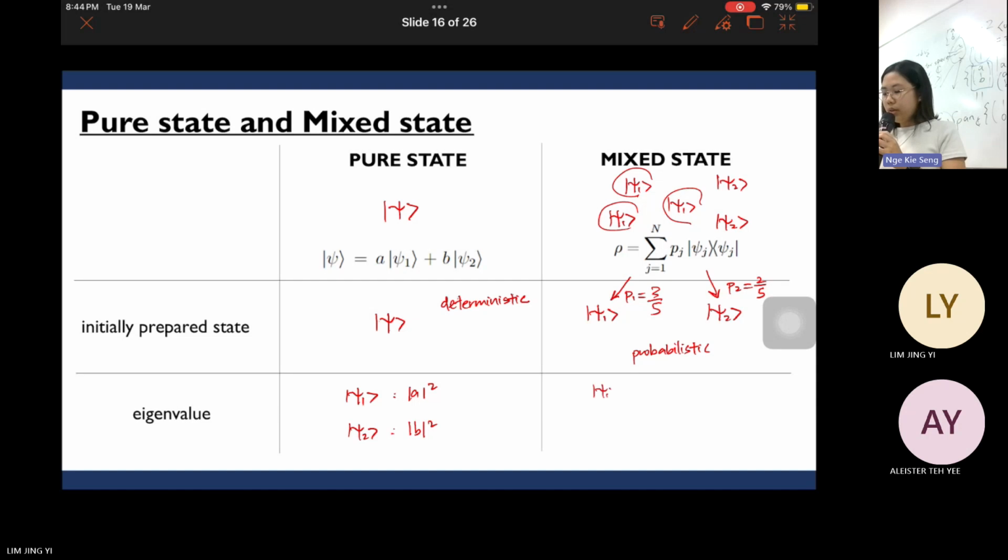That is, for psi1, it will definitely be p1. So you can distinguish here that for the pure state, the measurement on the initially prepared state is deterministic, but it is probabilistic for the mixed state. And for the eigenvalue, it is probabilistic for the pure state and deterministic for the mixed state.